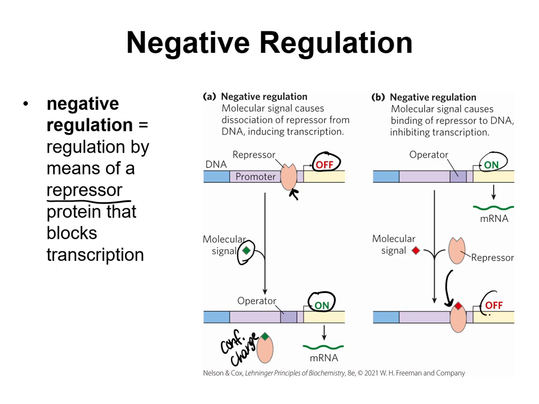Now the gene is off. You're not making any more messenger RNA. These are both examples of negative regulation because of the presence of a repressor. Whether you start with the repressor on the promoter or the repressor is recruited to the promoter, doesn't matter. They're both examples of negative regulation.